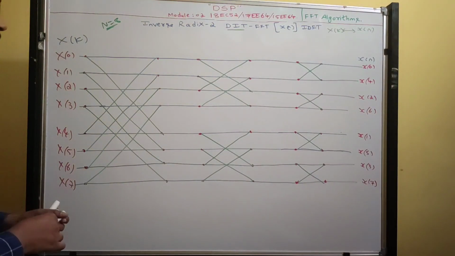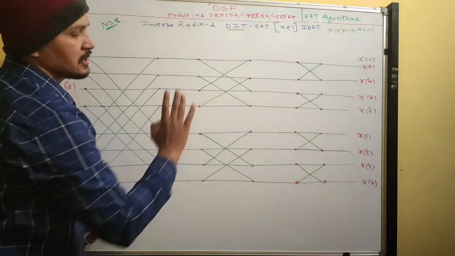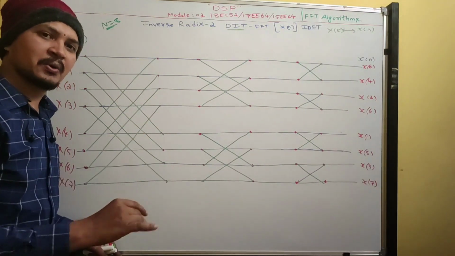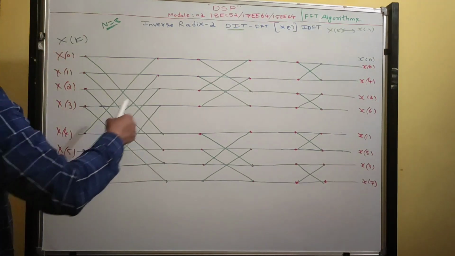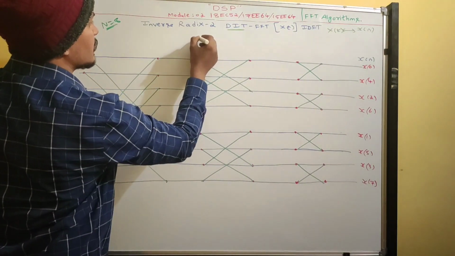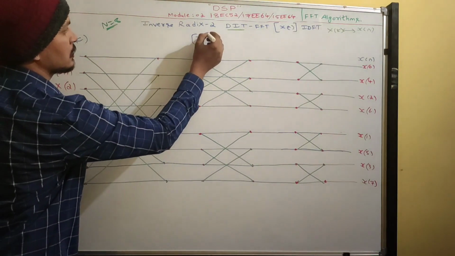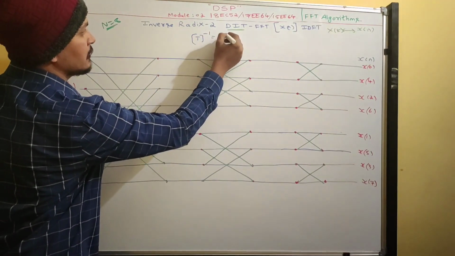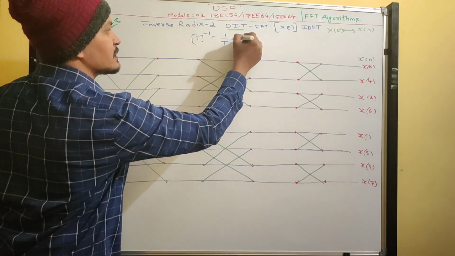Okay, fine. See guys, this inverse radix 2 DIT FFT signal flow graph looks similar to radix 2 DIF FFT. What is inverse here? Time inverse. Inverse means I can write -1, so T inverse is 1 by T. What is 1 by time? Frequency.